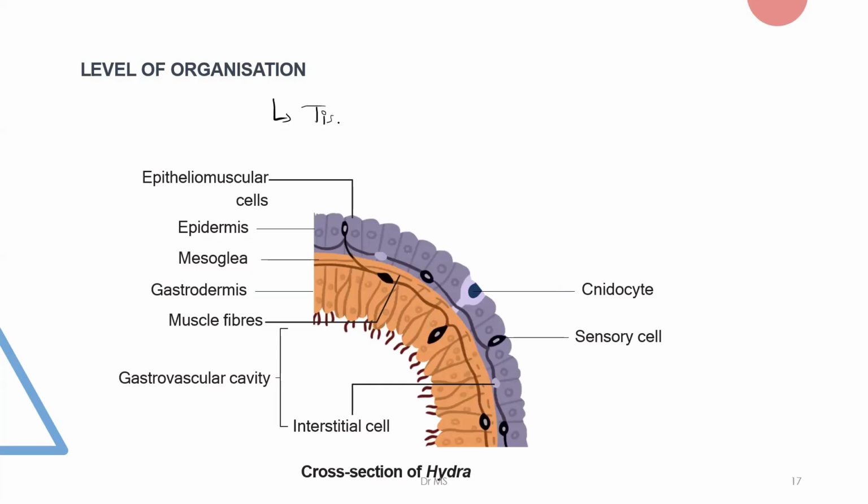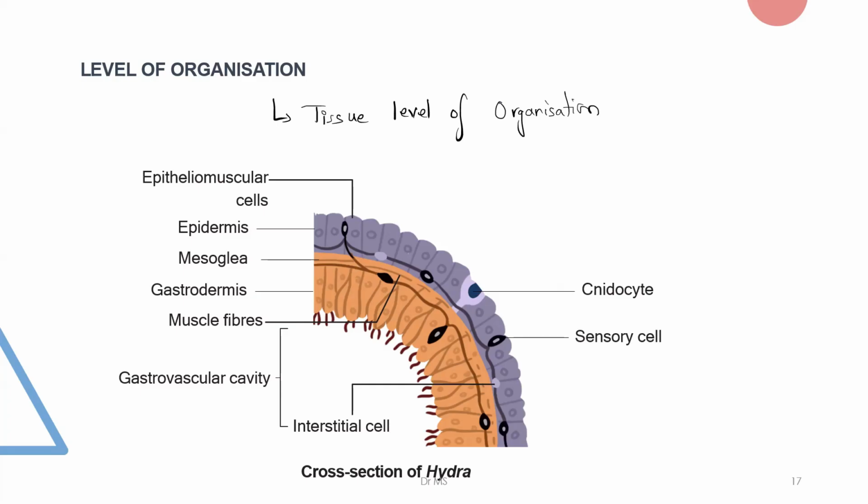Before this it was only multicellular. From here, the cells are organized into tissues. This is very important. So they show the tissue level of organization. Okay. So can someone define what is the meaning of tissue? When a group of cells come together, they form a tissue.